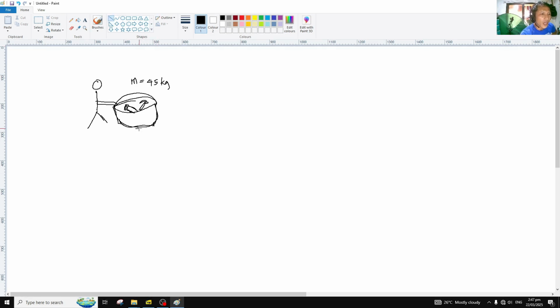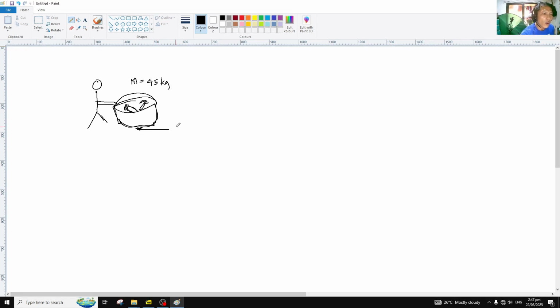Your friction is a force that always counters the movement. So if you push it that way, your frictional force would be this way.